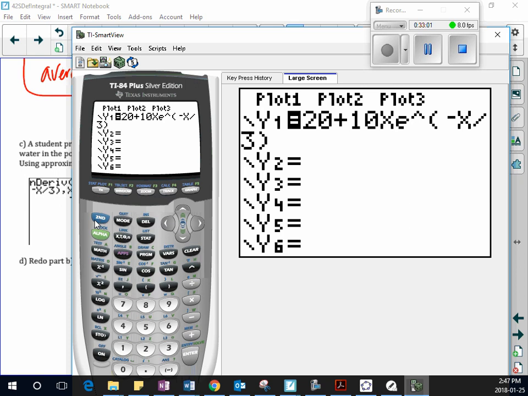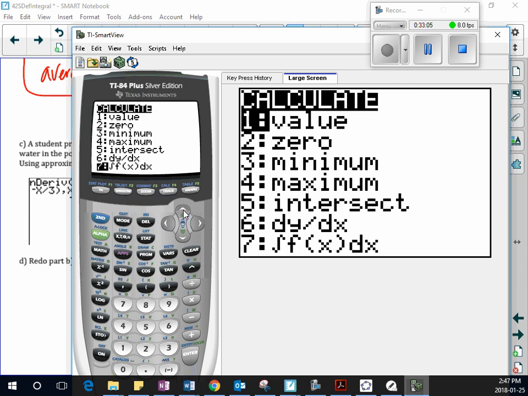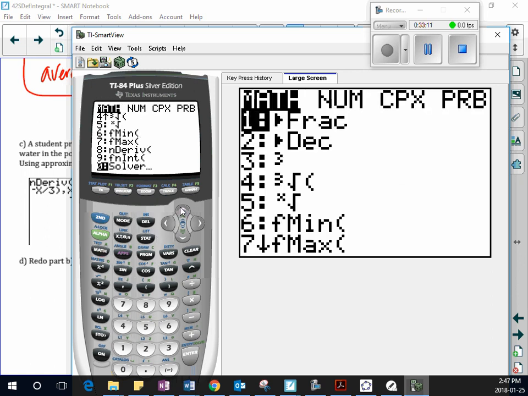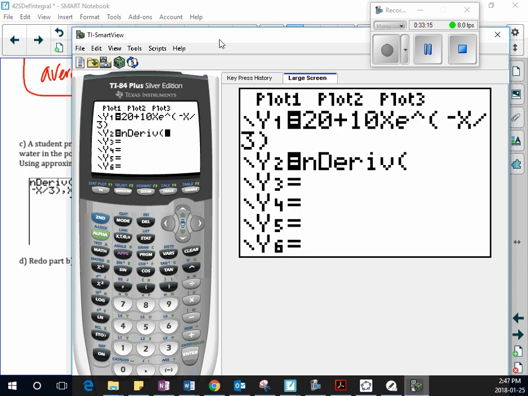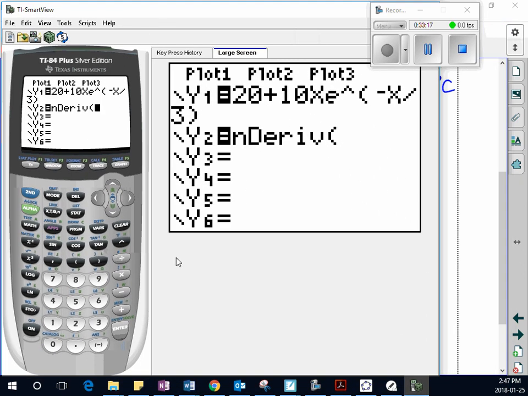Meaning, in your calc feature, in my math calc, oh, it gives you the integral. Oh shoot, I need to quit out of there.